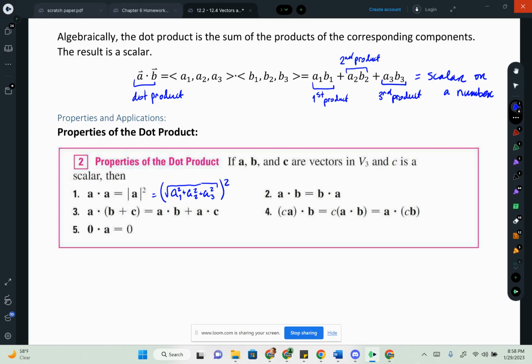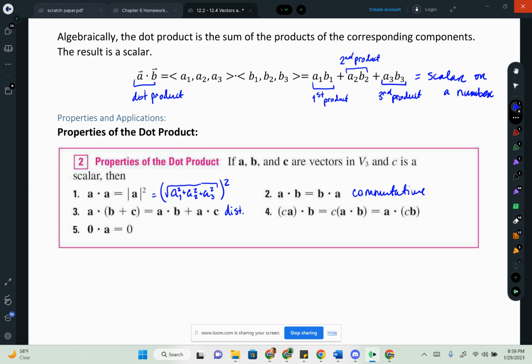The next one is A dot B is equal to B dot A. That is the commutative property. Then we have A dot a sum of two vectors is equal to A dot B plus A dot C. That's our distributive property. And then in 4, we have a constant times a vector dotted with a vector.